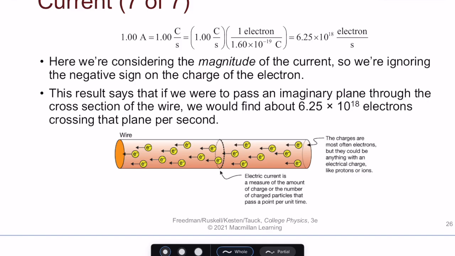If we have a wire and we select one cross-sectional area of that wire to start counting current charges passing through it, in 1 second, 6.25 times 10 to the 18 electrons would pass through that little section, would go from this side to this side. 6.25 times 10 to the 18 electrons per second. So that's what current is. Current is counting how many charges pass through one particular place in a unit time.